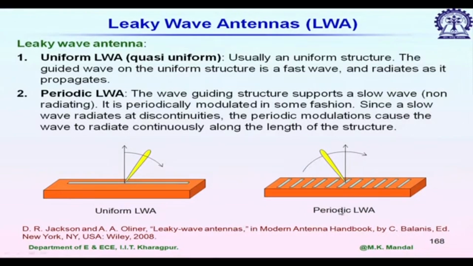Now, under leaky wave antennas we have again two different categories. We may have uniform leaky wave antenna and we have periodic leaky wave antennas. Here are the examples shown here.